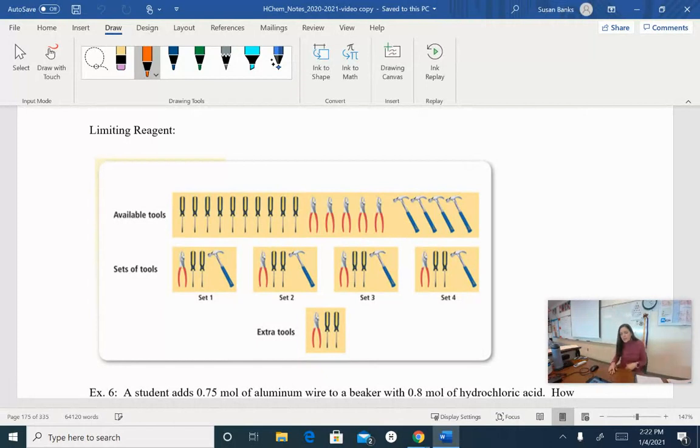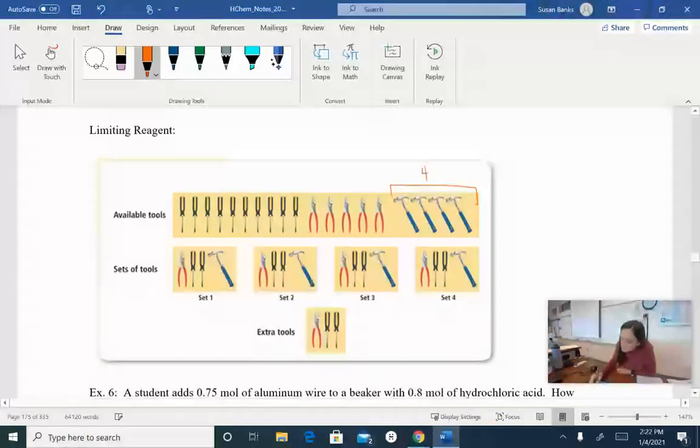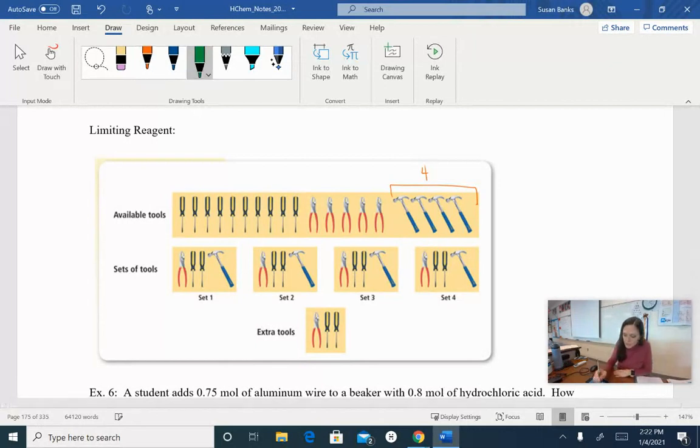If I look at my hammers, I have 4 hammers, so I can make 4 toolkits. If I look at my pliers, I have 5, so I can make 5 toolkits.